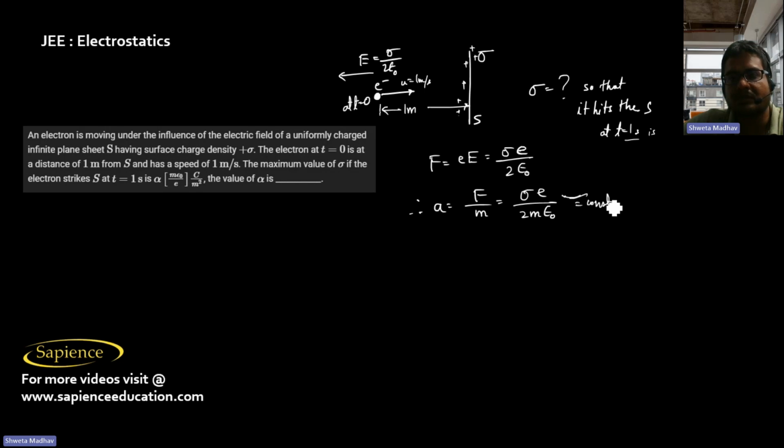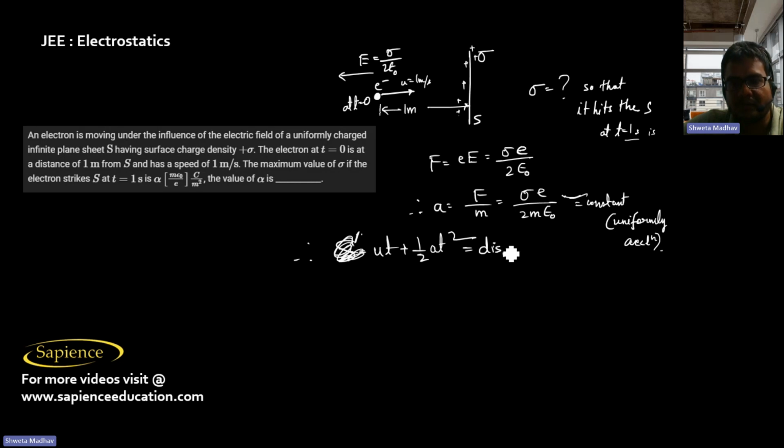When there is constant acceleration, I can say it is uniformly accelerated. So therefore we can say S is equal to ut plus half at square, which will be the net displacement of the electron.